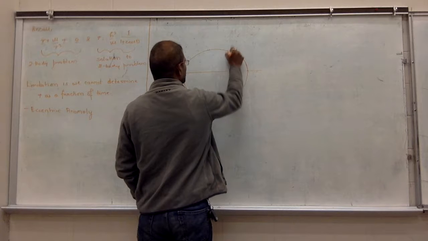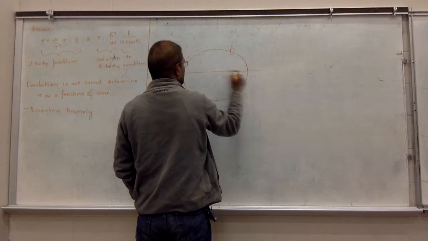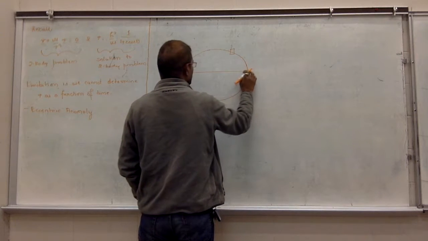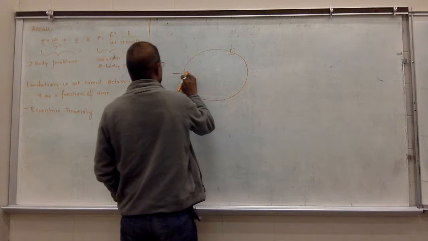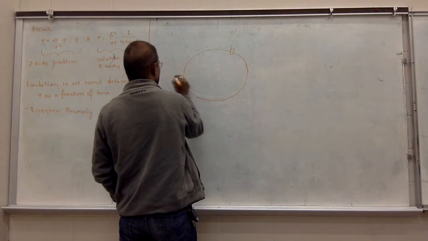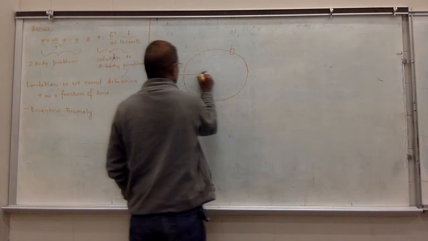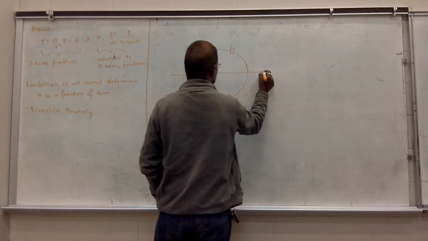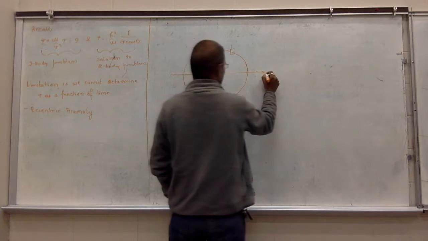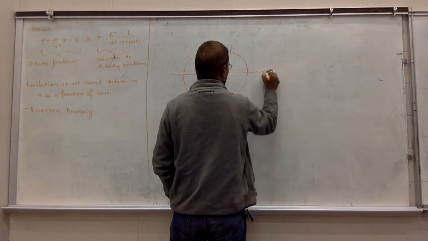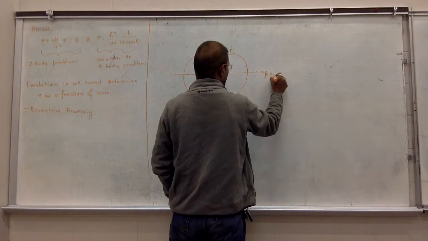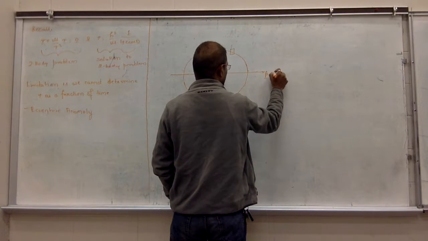Let's say the satellite is here. This is the P direction, or this is also the E direction.